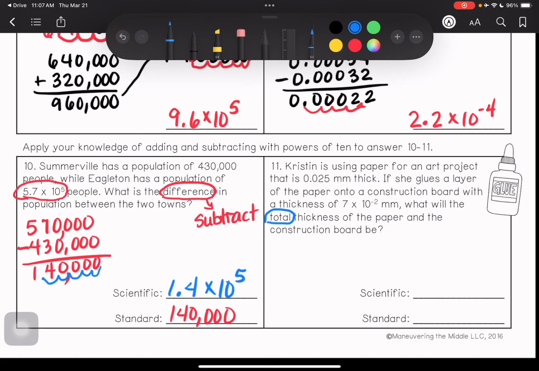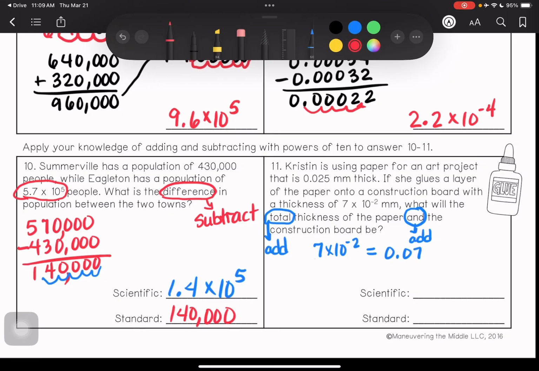If you want the total, that means you are to add in this problem. And also means to add. So I'm going to convert this number 7 times 10 to the -2 into standard form by moving the decimal 2 places to the left, which will give me 7/100.